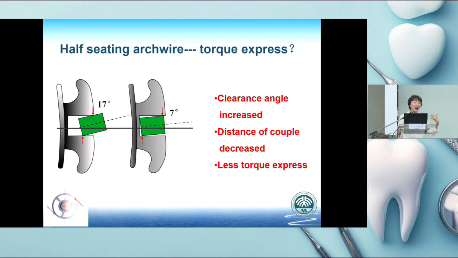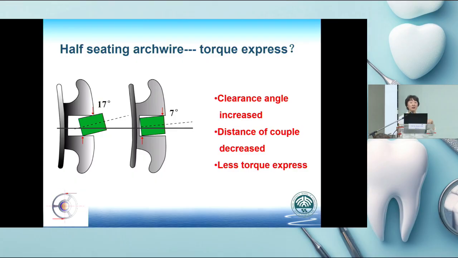You can choose high torque brackets, and choose the size of the arch wire. So for an extraction of four bicuspids case with Damon brackets for the upper arch, I always use a larger size rectangular wire, maybe 19 by 25 arch wire. But for the lower teeth, we don't need much torque control.